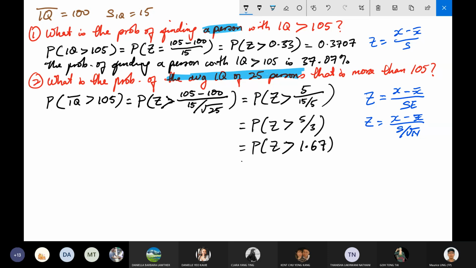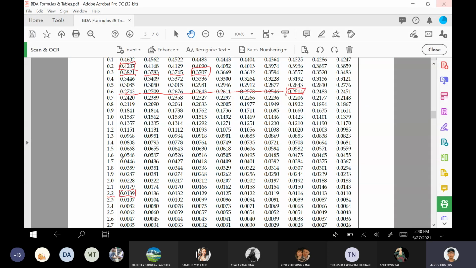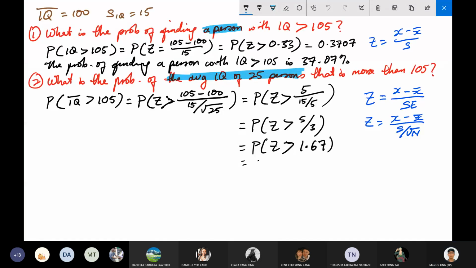You look back into 1.67, and you get 0.0475.